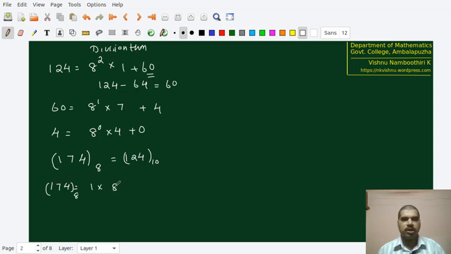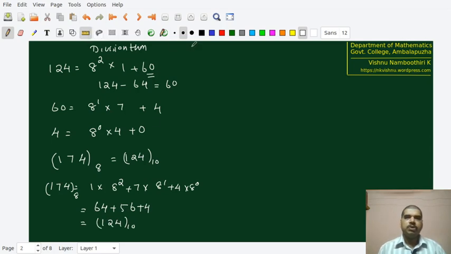So 1 into 8 square plus 7 into 8 raised to 1 plus 4 into 8 raised to 0. Therefore, this becomes 64 plus 56 plus 4, which is essentially equal to 124, and this is in base 10. So converting back to base 10, we follow exactly the same procedure.